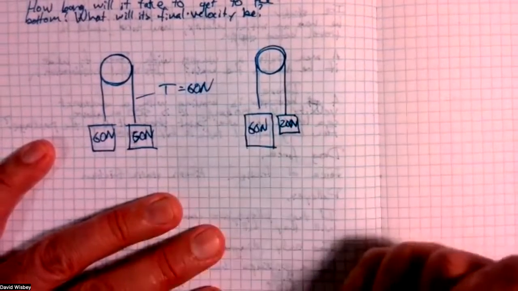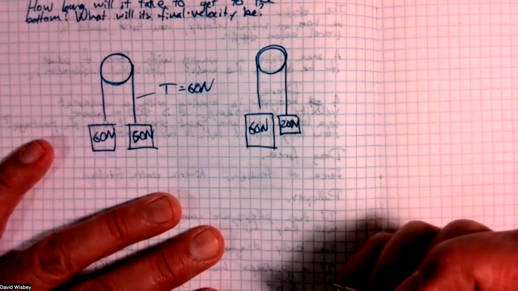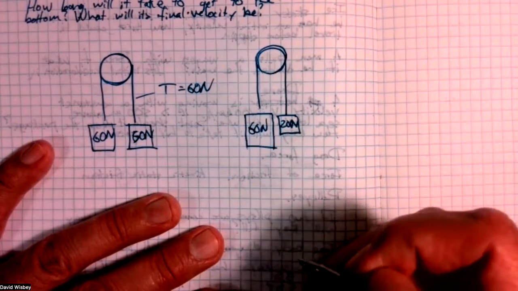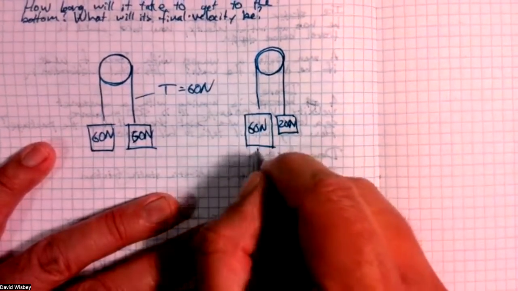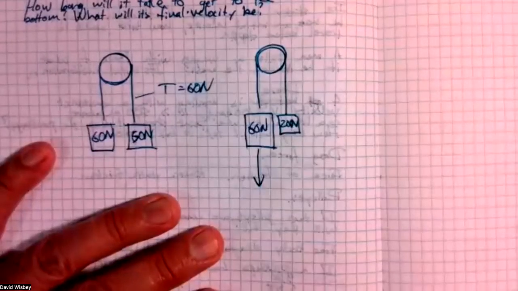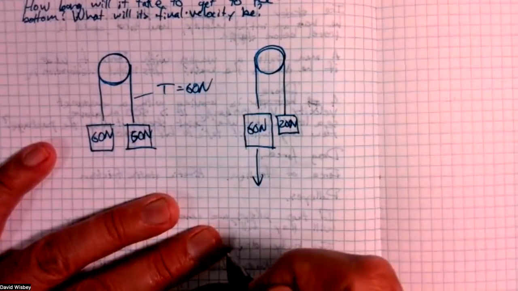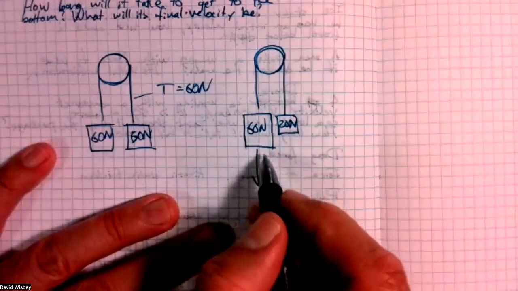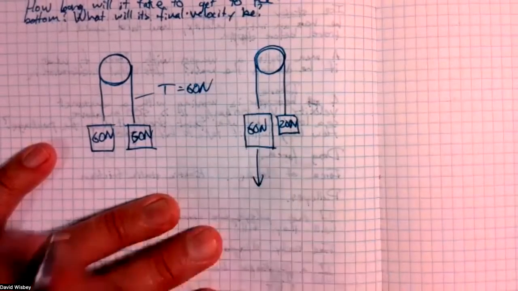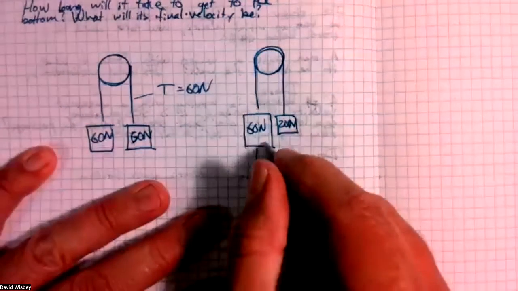Which way is this going to fall? To the left. Yeah, it's going to go down this way. Okay. And let's draw a force diagram for this. What are the forces acting on this one? The weight. Yeah, there's the weight.